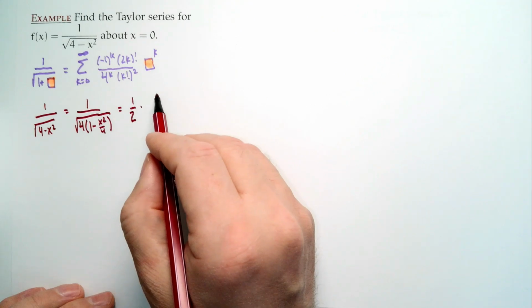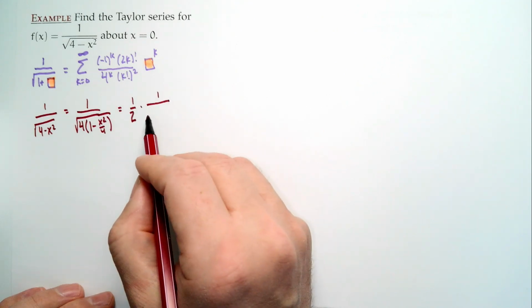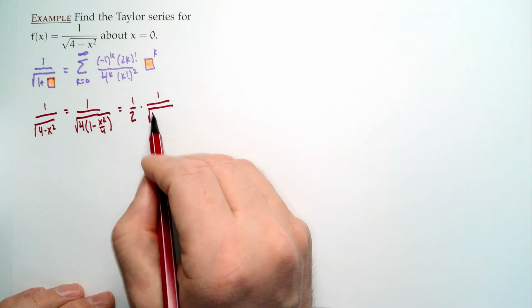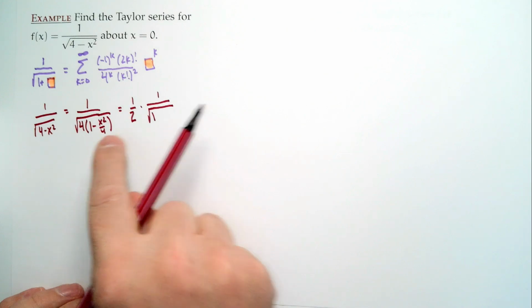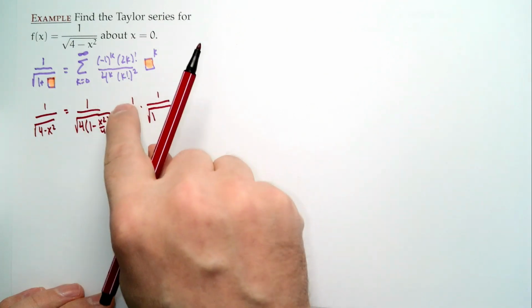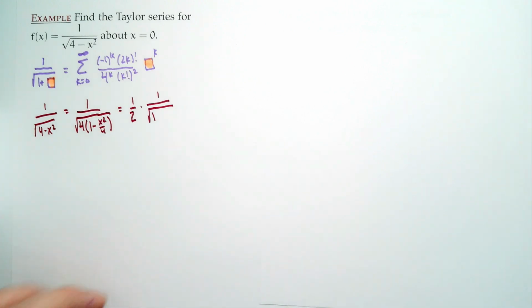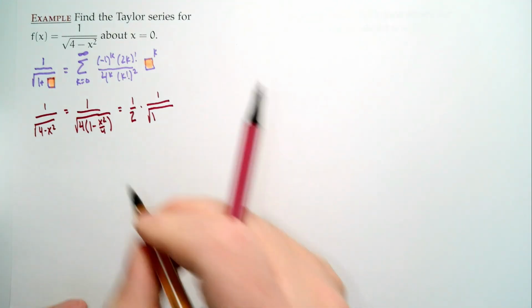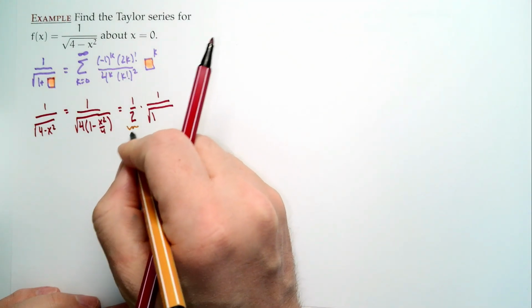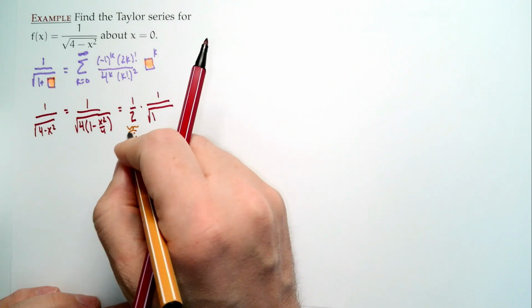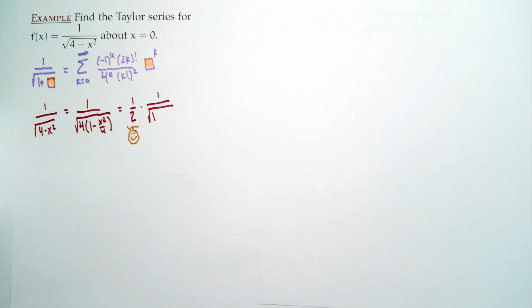And then there's a 1 over the square root of 1 minus x squared over 4, right? So the 4 here came out as a half in front. Now, the half in the front, this part, we're pretty happy with. Why? Well, because it's a constant. Really, it's polynomial. And we like polynomials, because when we're talking about making series, we're really talking about making polynomials.